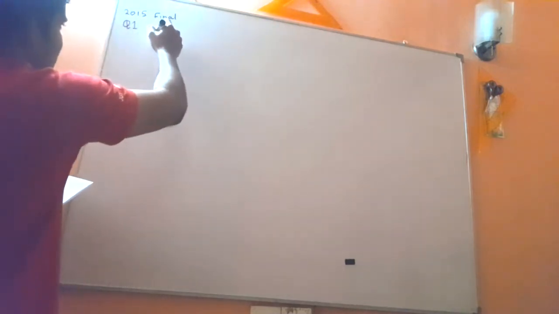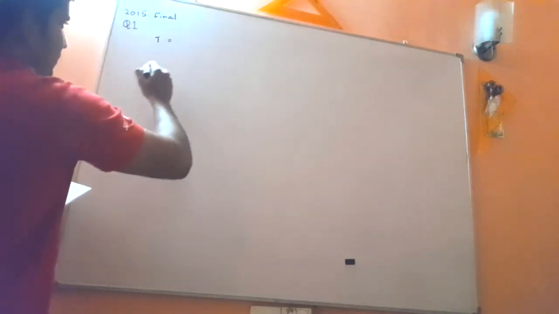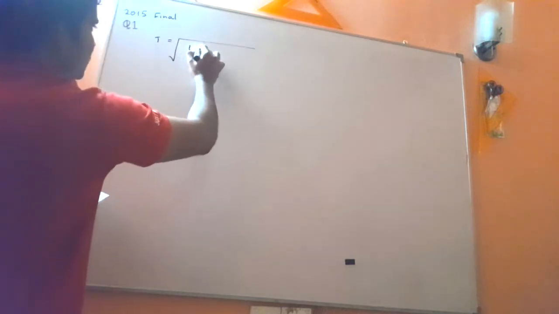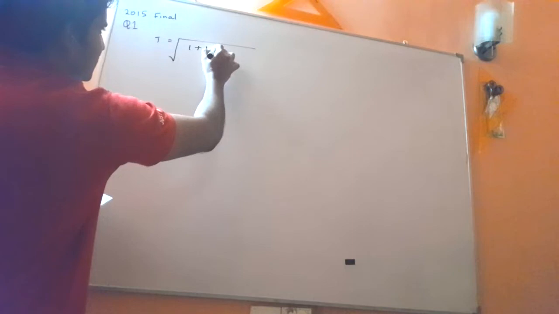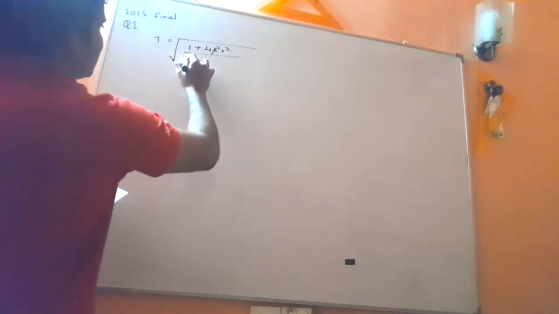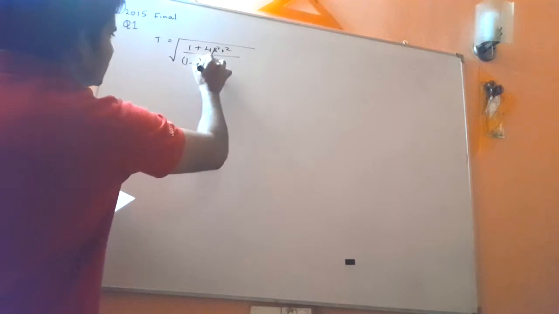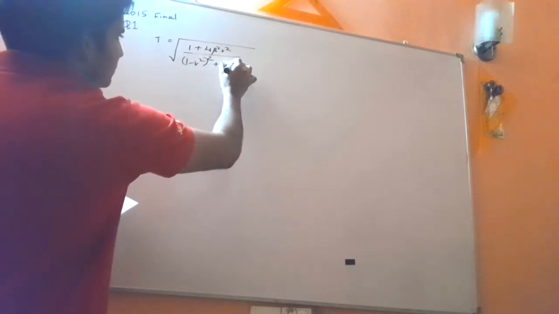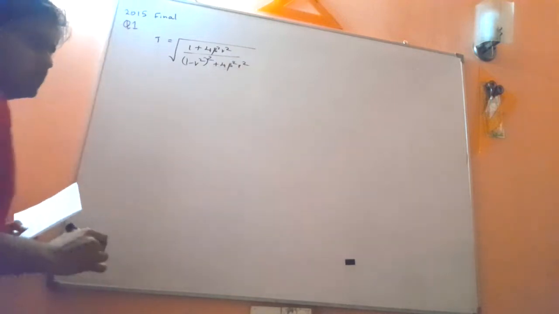So you know that the transmissibility ratio T equals square root of 1 plus 4 beta squared r squared divided by 1 minus r squared total squared plus 4 beta squared r squared.